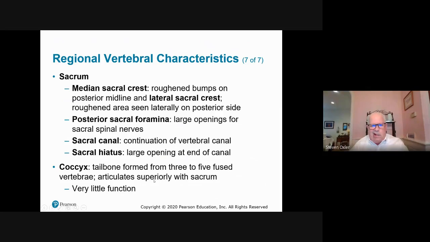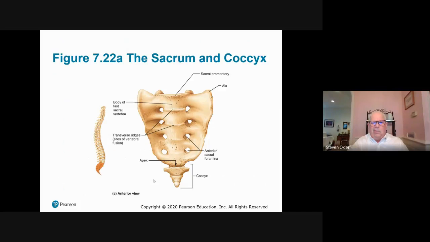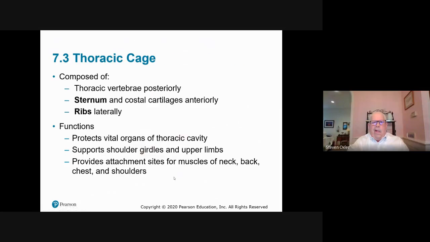It has basically no function. The word very little is not really true. It has no function whatsoever. Okay? The coccyx, the tailbone. Here is the sacrum. Here is your coccyx. That's basically all I want you to know about the spine.